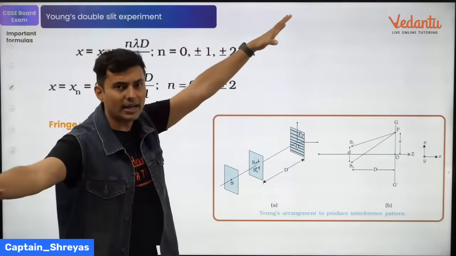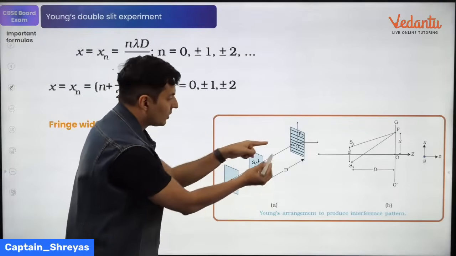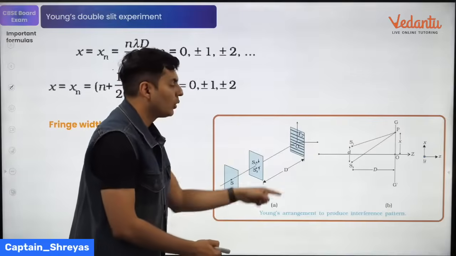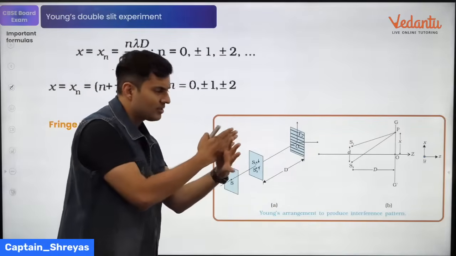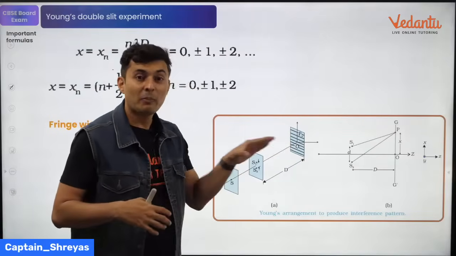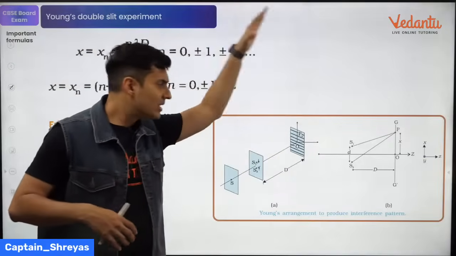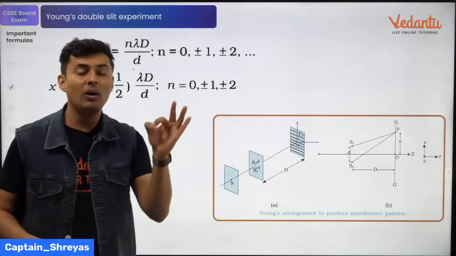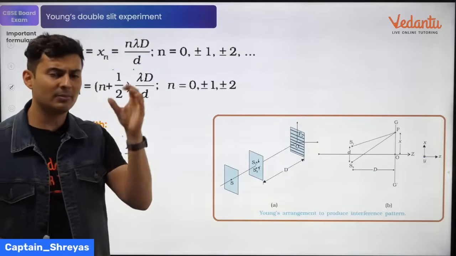They will spread in all directions. Now these wavefronts from these 2 sources meet on the screen to produce constructive, that means bright regions, or destructive, that means dark regions. So you will see fringes, bands of bright and dark. That pattern is called the YDSE pattern, Young's double slit experiment pattern.